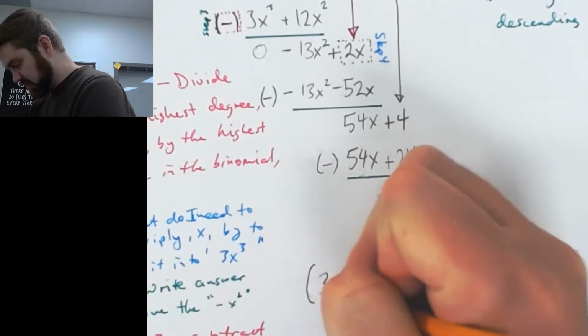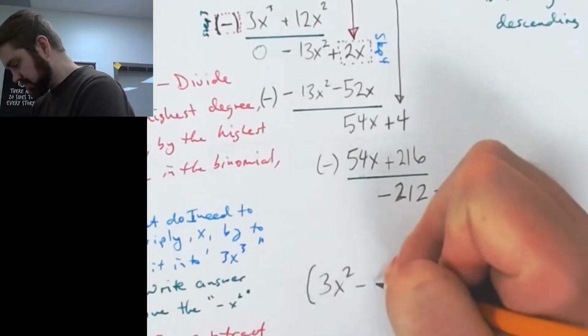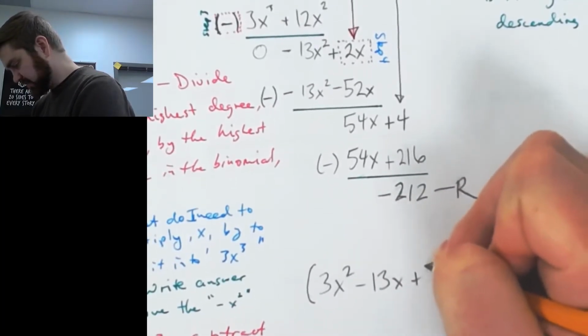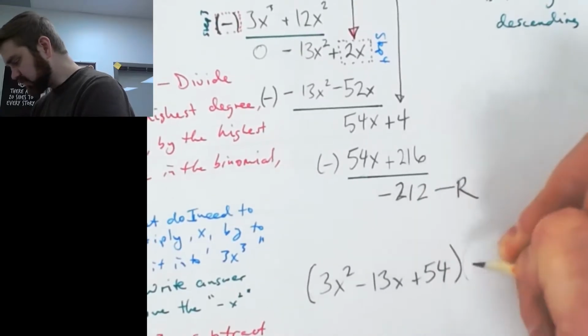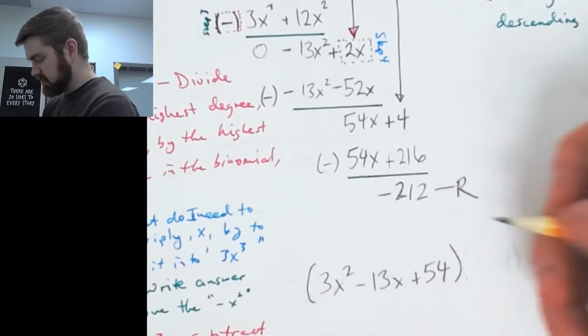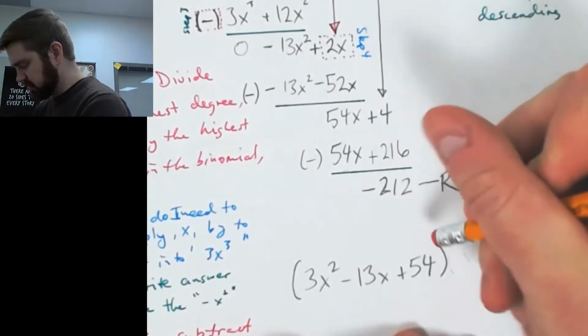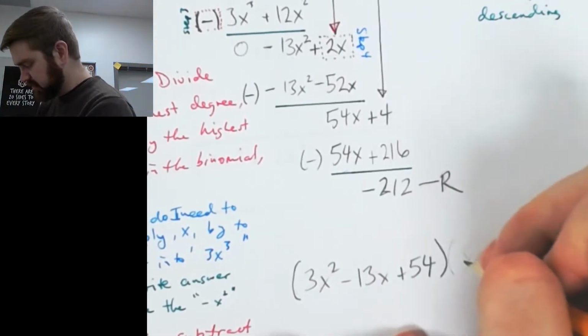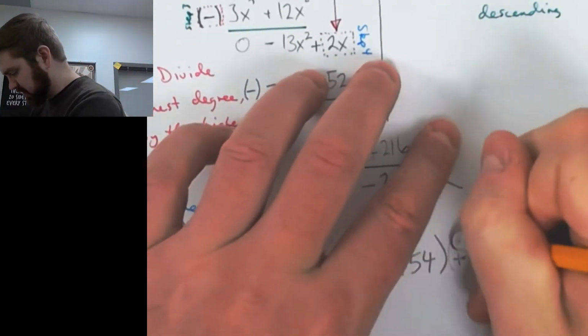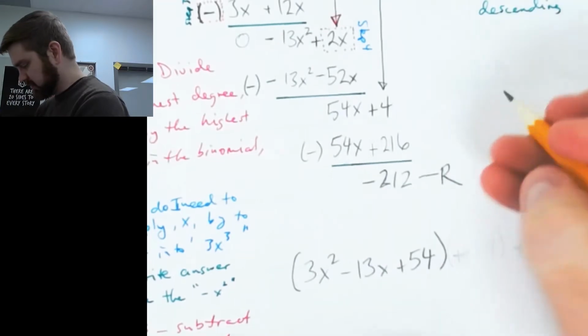So bracket 3x squared minus 13x plus 54, close bracket. Probably actually don't need a bracket in there, but it is good to put it in there, okay? And then we're going to put in our remainder. Oops, so it's a minus, not a plus.